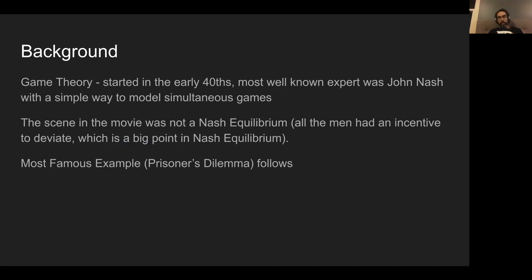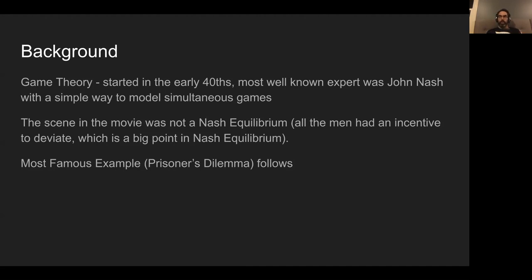But if anyone remembers A Beautiful Mind with the 4 females and the cooperation game, that was not a Nash equilibrium at all. A lot of economists frown upon that movie, even though it won a bunch of awards, because it was actually the opposite.